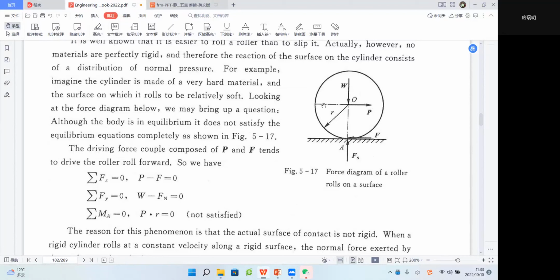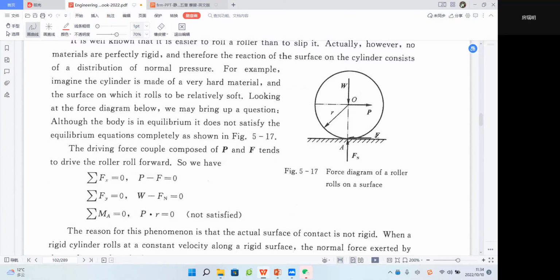But maybe we apply a force P along the positive direction of X, and this cylinder does not roll or move, it always keeps in the rest state. Then we know it should have a sliding friction force like this, because its tendency is to make this ball move relative to the fixed ground. So we have an FF, right?